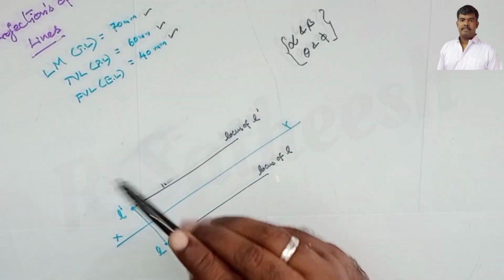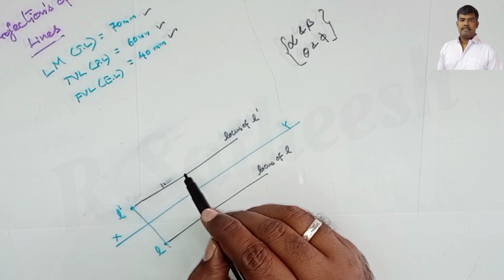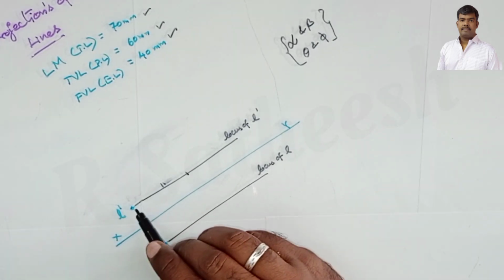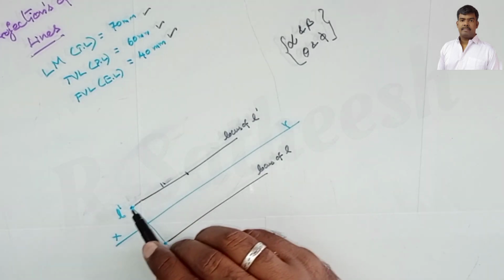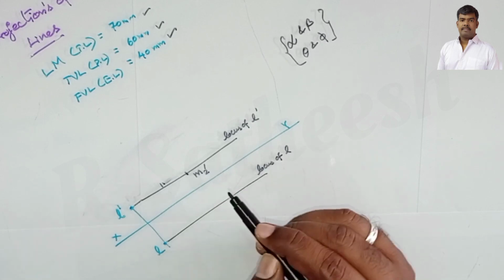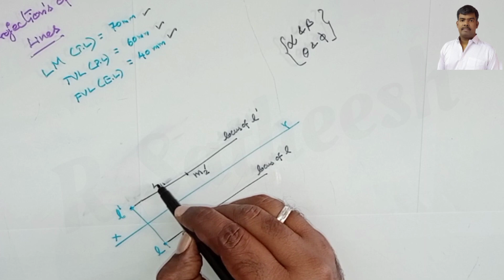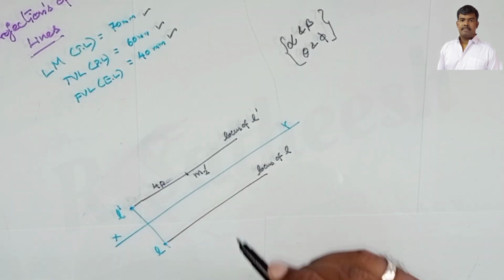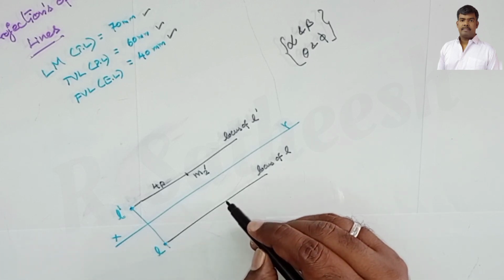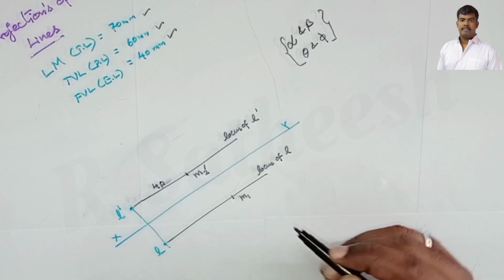Here, from L dash on the locus of L dash, the horizontal distance to this end is taken as M2 dash, the front view. So L dash to M2 dash the distance is 40. Similarly, on the locus of L, from L you mark the distance 60 mm, this is M1.